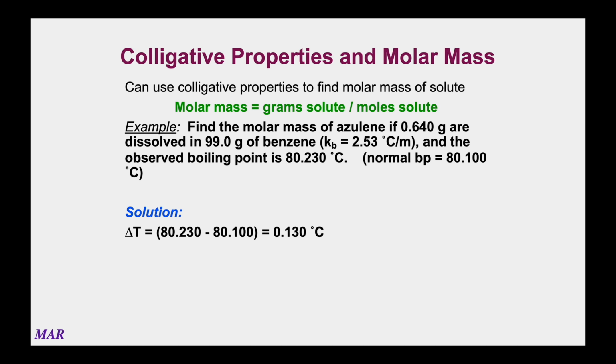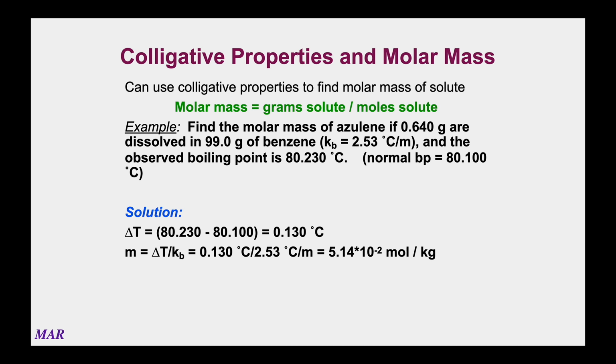We've got the K for benzene, 2.53. So let's solve for molality. Molality is 0.130, the ΔT, divided by 2.53. That comes out to be 5.14 times 10 to the minus 2 molal. And that represents moles of solute per kilogram of solvent. Well, 99.0 grams is the grams of solvent.